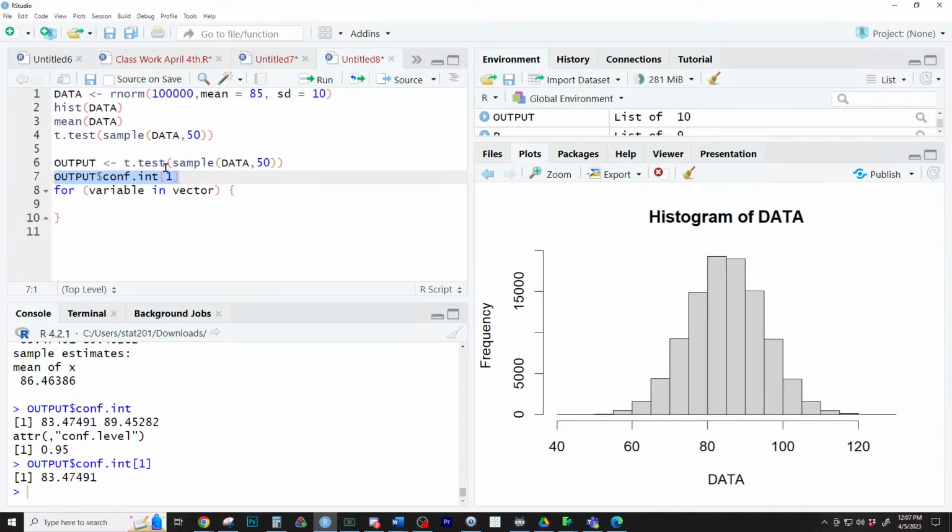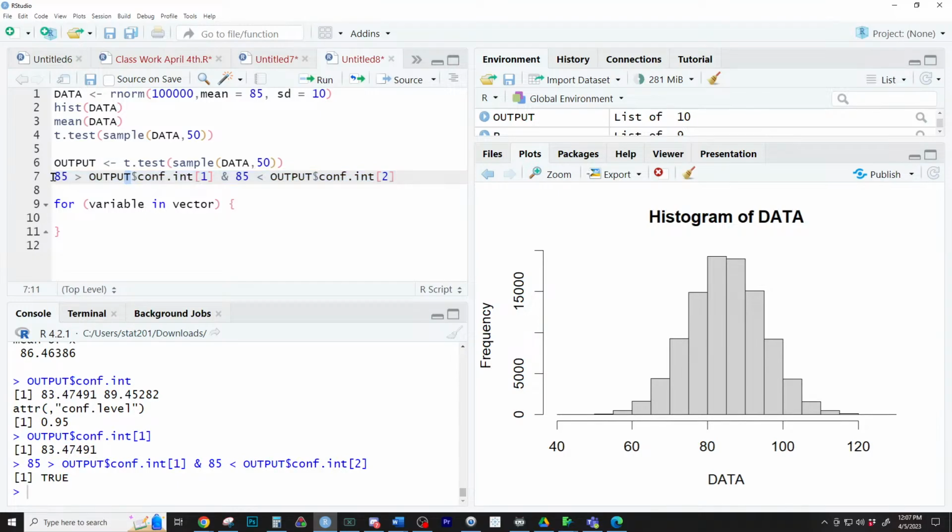So 85 is greater than the lower, and 85 is less than the upper. And that'll tell us if it's between it. That's true. Okay. So this is check. And we'll put it in parentheses. So now this is the check.